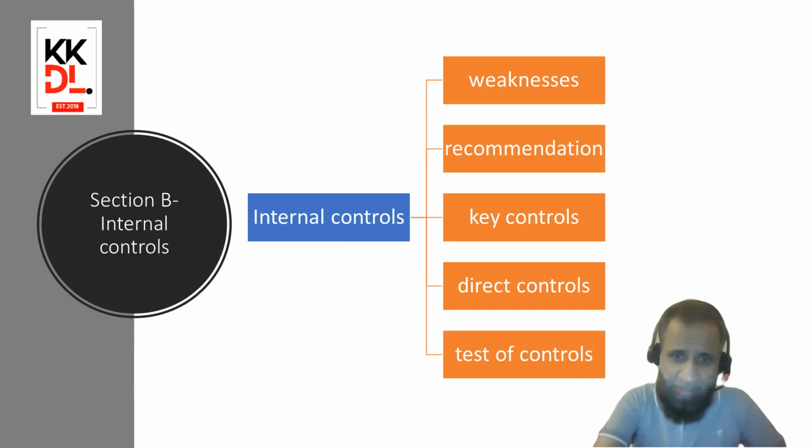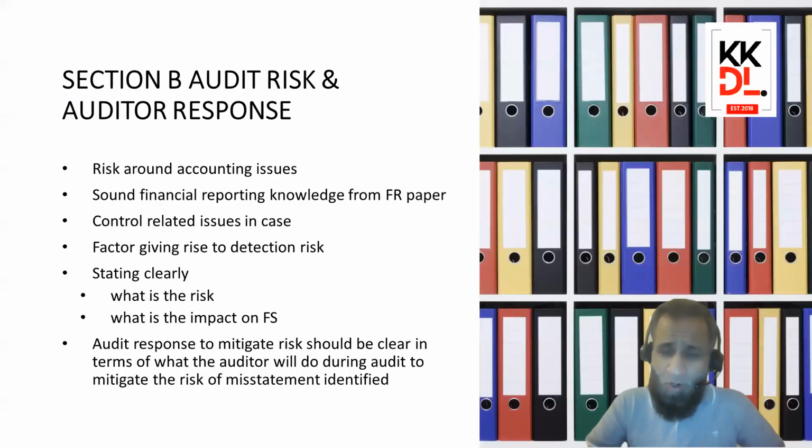Okay, the next topic in Section B is audit risk and responses. At times, the examiner says identify and explain 6 audit risks. At times, 7. At times, 5, 6, 7. That's been the most common ground and a favorite question of the examiner.